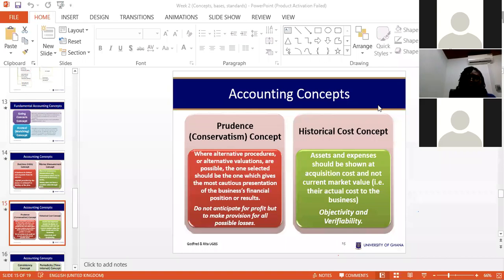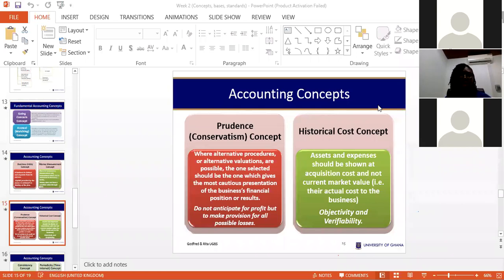So because we assume that the business is a going concern, it means it will continue operating. It has no plans of stopping its operation. Then we assume that you can use the acquisition cost. But at the point at which the business is no more operating, as we saw in all the banks that collapsed and were liquidated, at that point you have to use the market value.